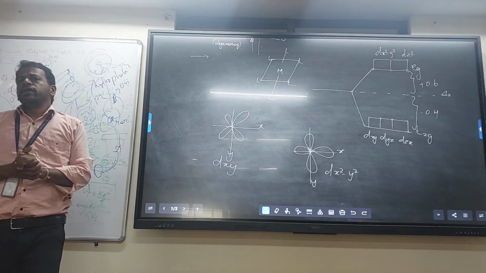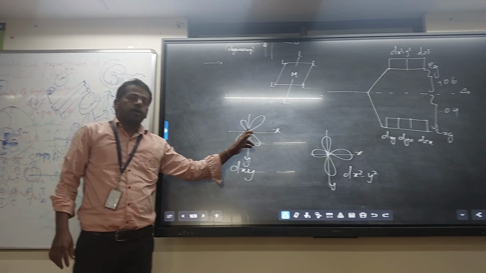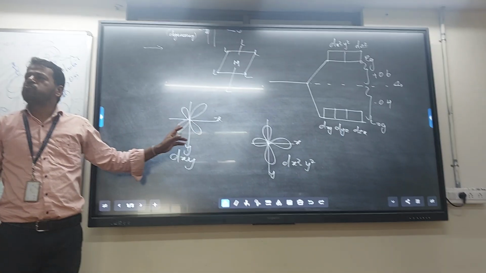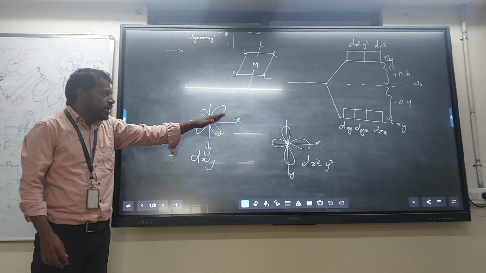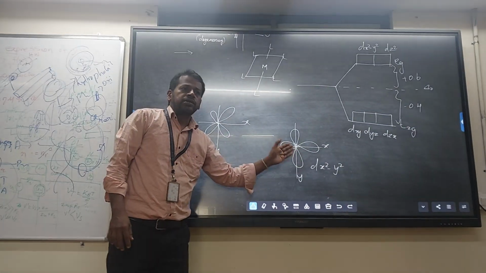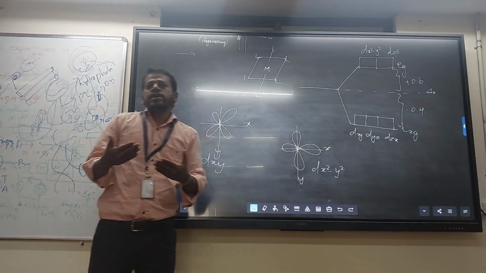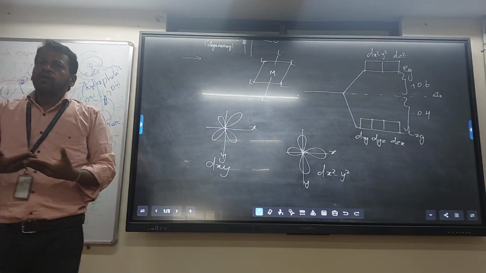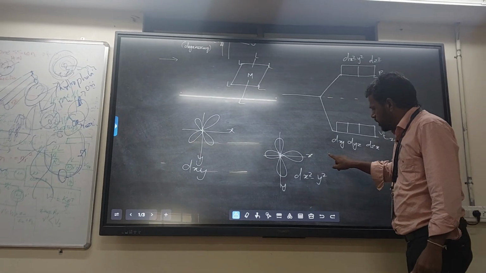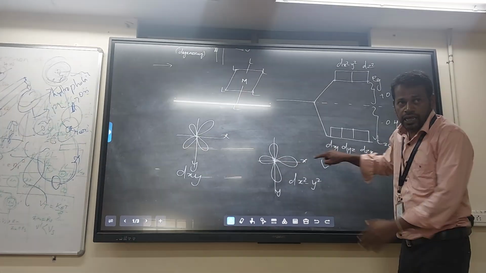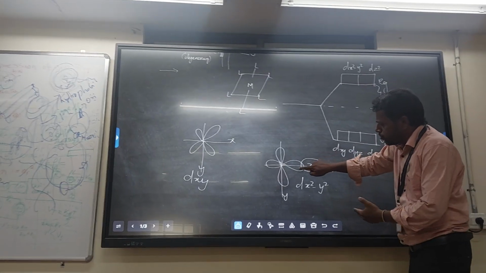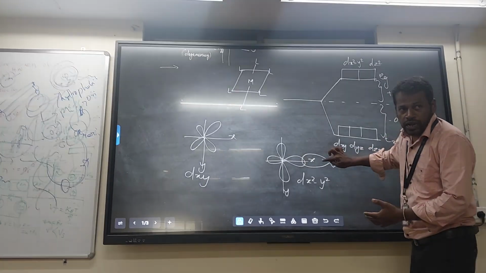In dxy, dyz, dzx, the lobes of the orbital are present in between the axes. But here the lobes of the orbital are present along the axes. If the ligand approaches along the axis, there is more electron cloud in the ligand also.